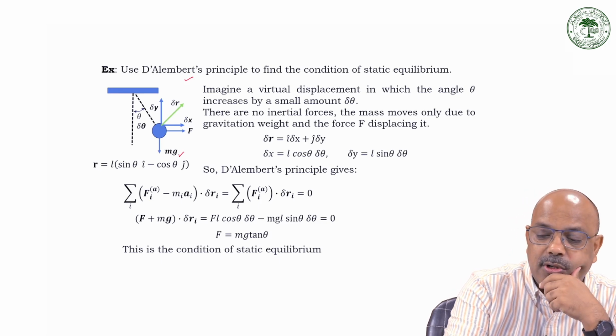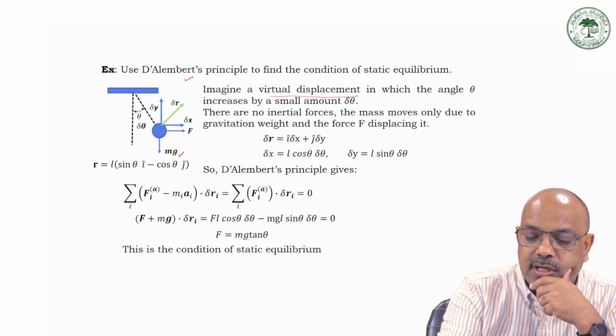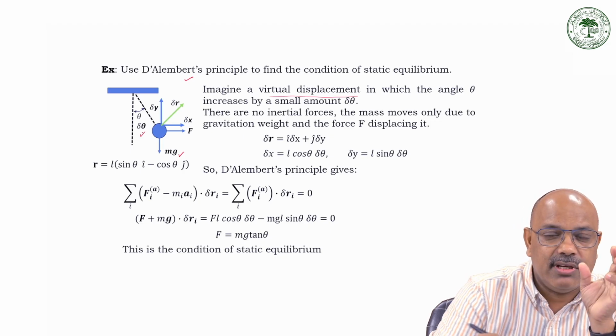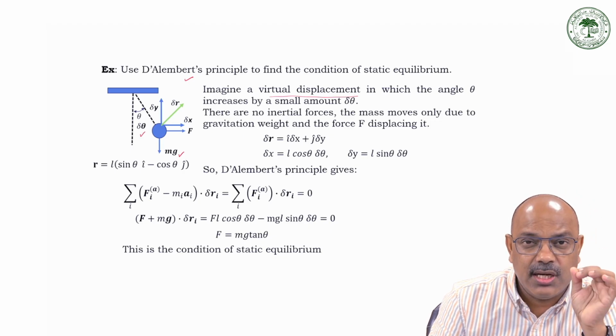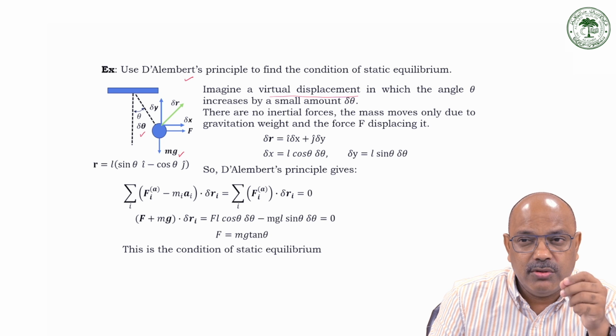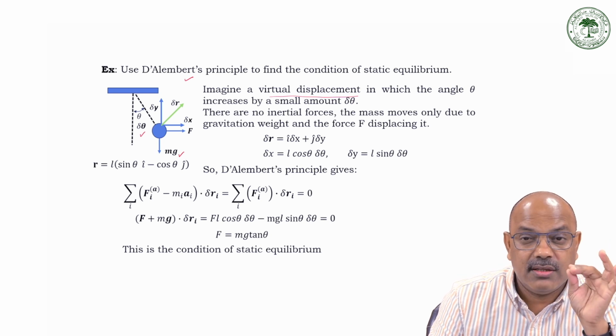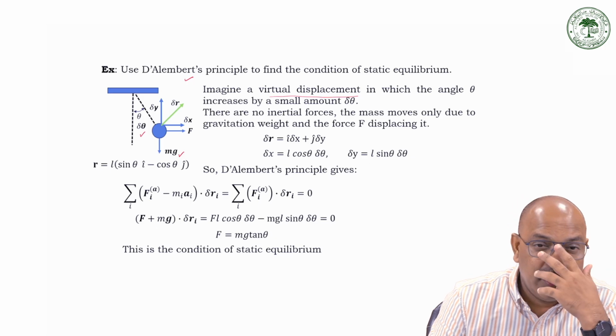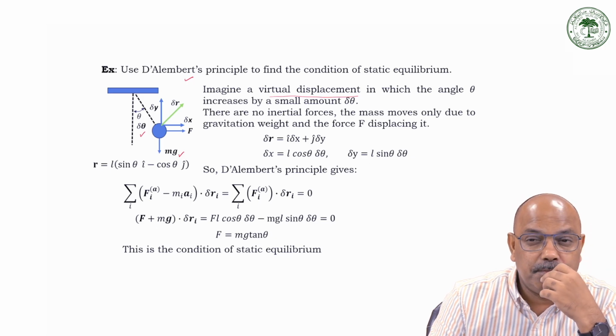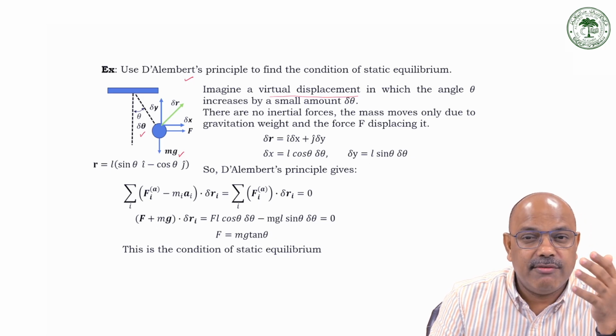So imagine a virtual displacement, that is my delta theta, a very infinitesimal small increase in the angle. If we are considering no inertial forces, the mass moves only due to the gravitational force.